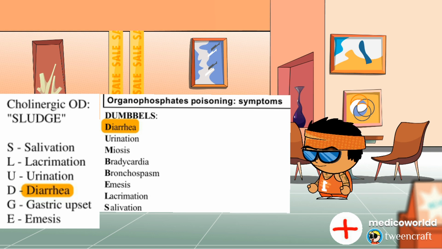Now, you can remember cholinergic crisis with an alternative mnemonic, DUMBBELS: D for diarrhea, U for urination, M for miosis, B for bradycardia, B for bronchospasm, E for emesis, L for lacrimation, and S for salivation.